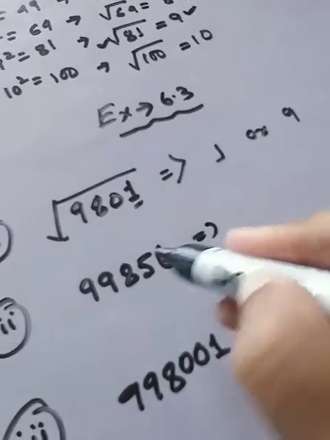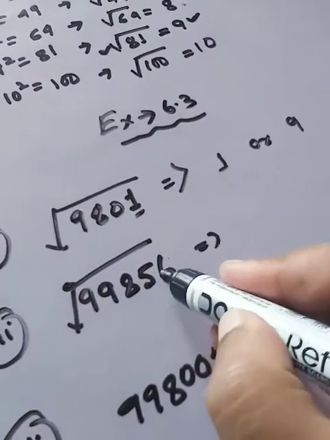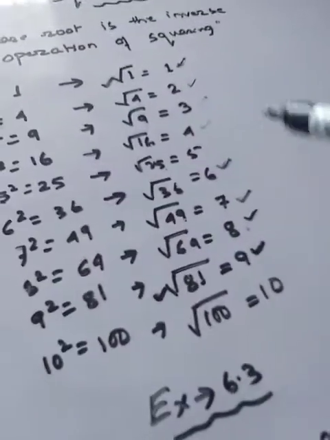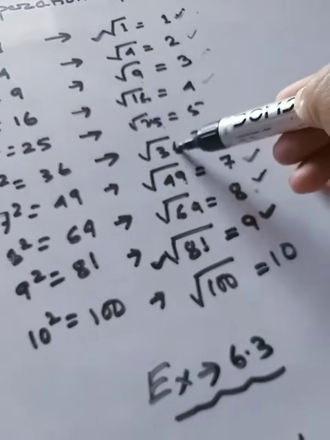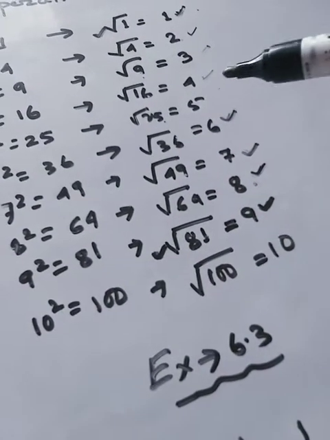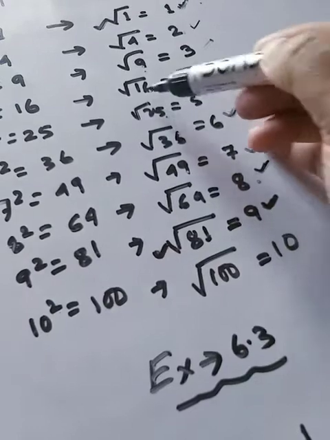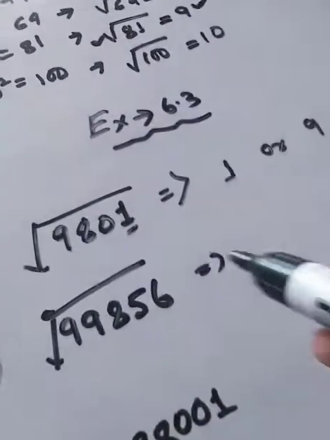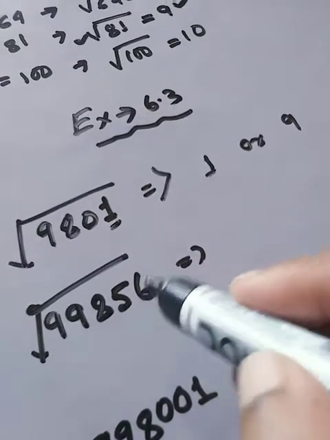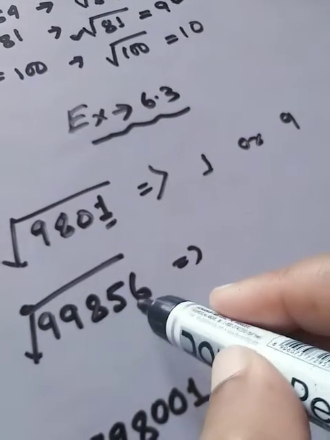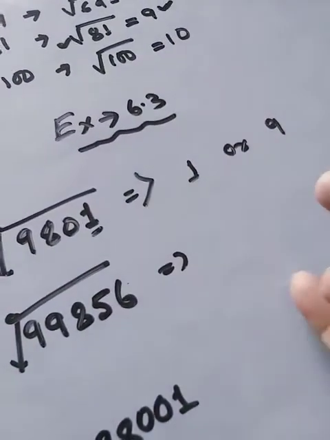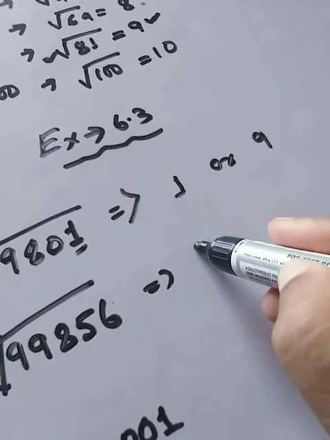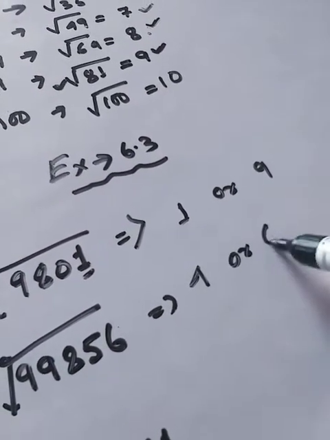Now, the next number is carrying 6 as a unit digit. So what are the possibilities? 4 or 6. The square root of a number which carries 6 as a unit digit would have unit digit 4 or 6.